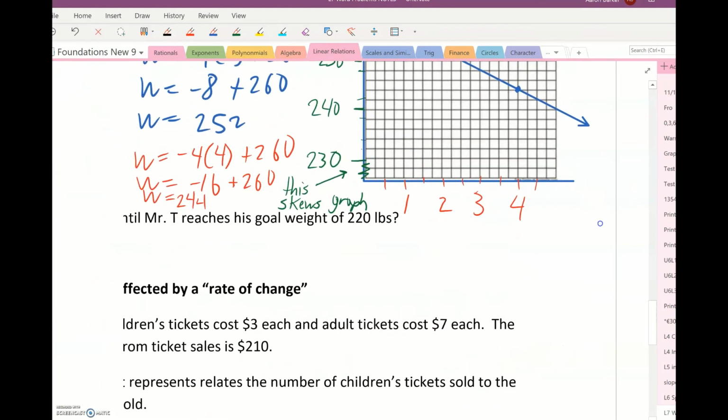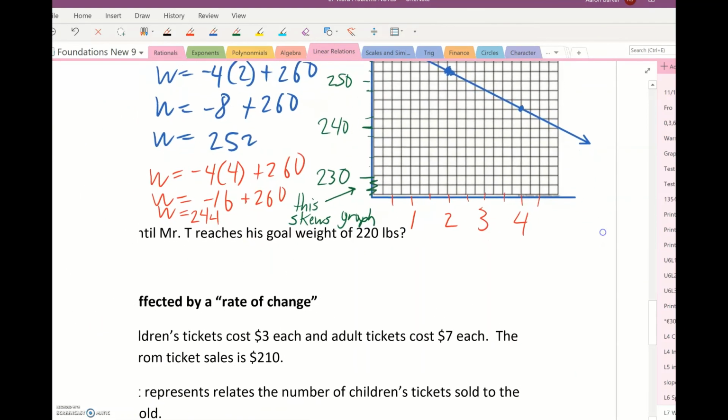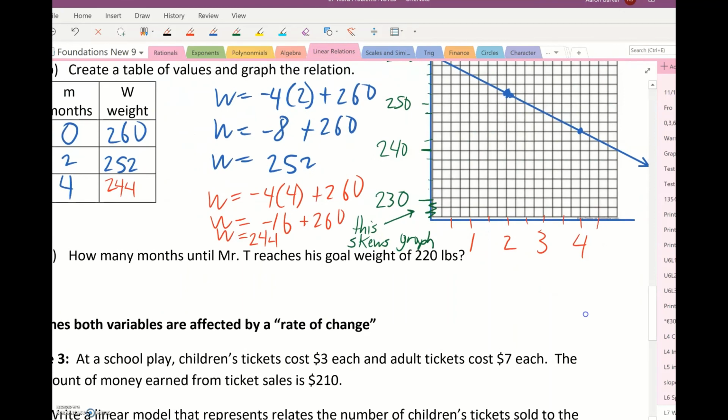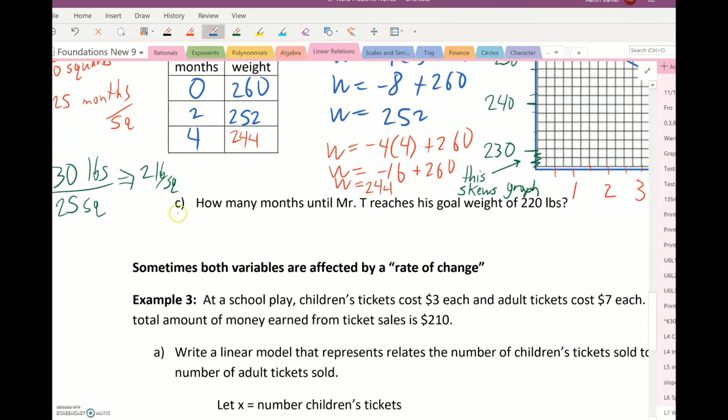Okay, so now it says, what about how heavy is he going to be when he reaches his goal weight of 220 pounds? So number one, you could use graph. But ours isn't long enough, right?